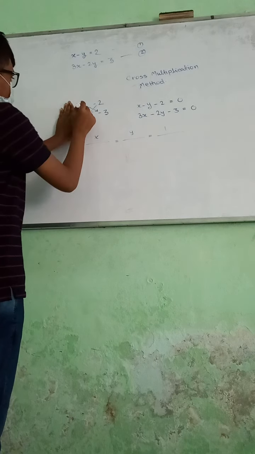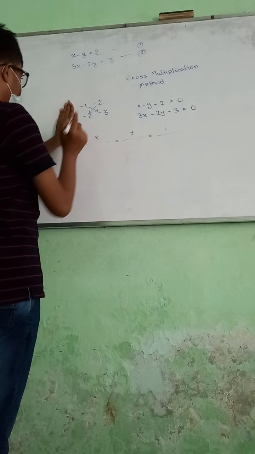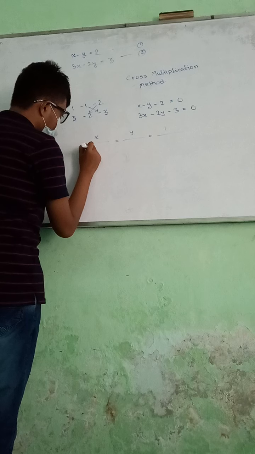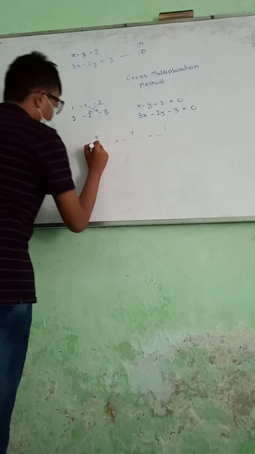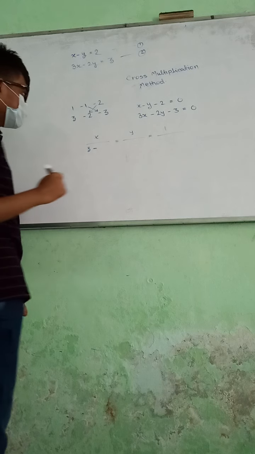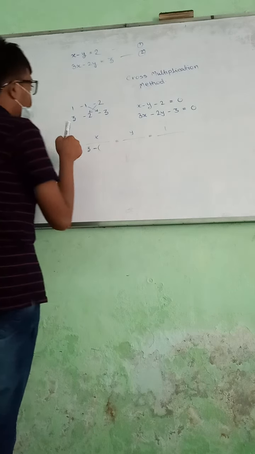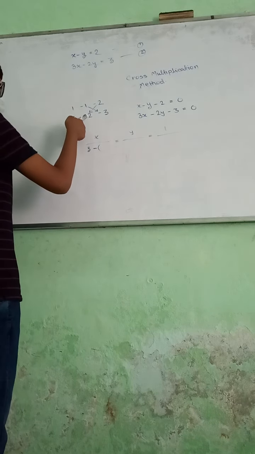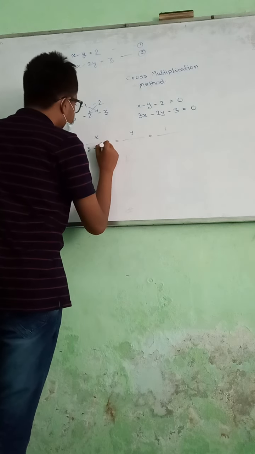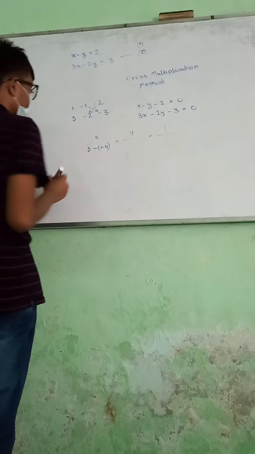So first left to right and then right to left. The multiplication becomes 3 here, and we put a minus here, that is part of this process, and then continue multiplying -2, which will be plus 4.